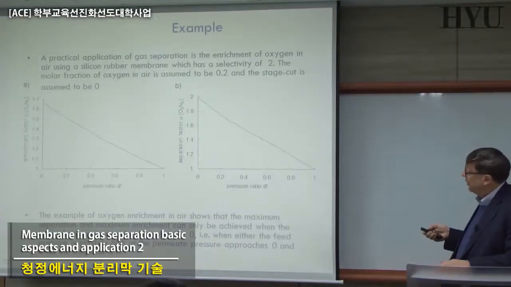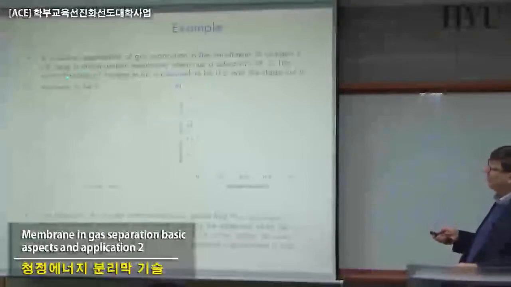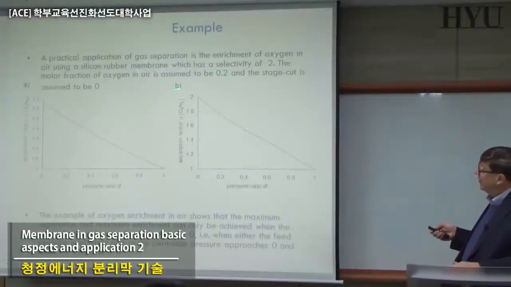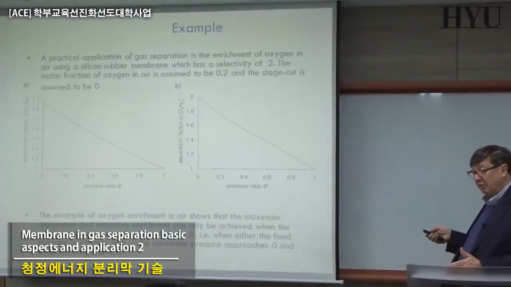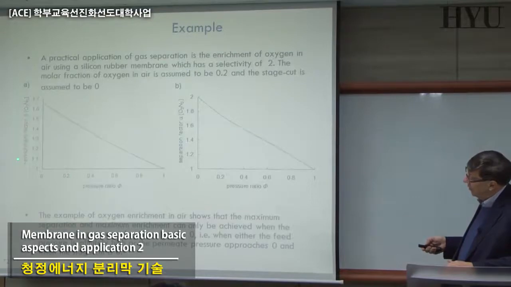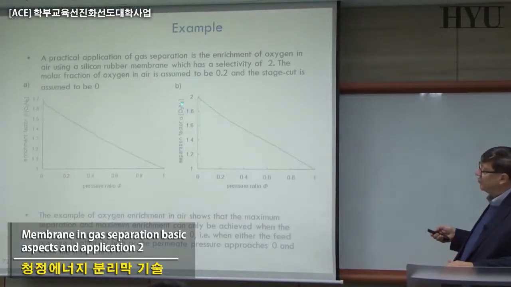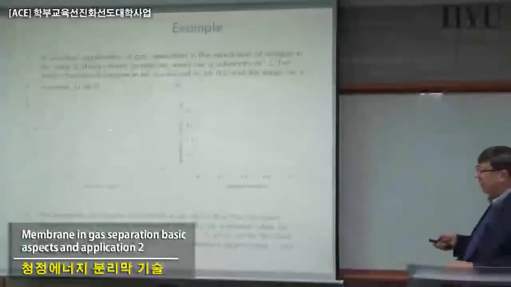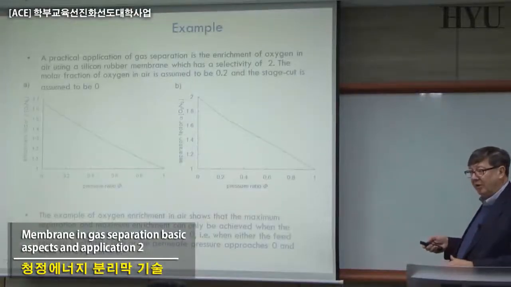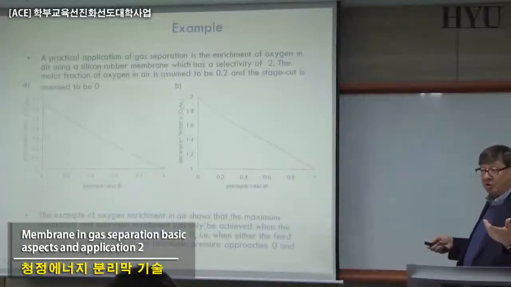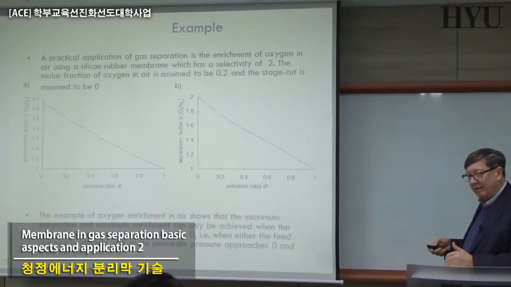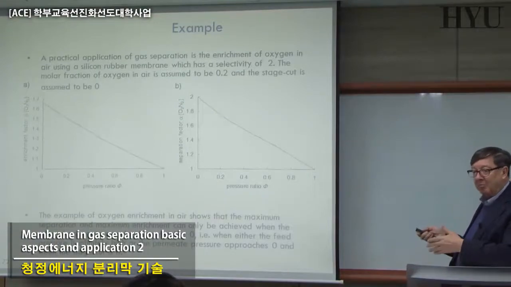With this kind of membrane, assuming that you have a molar fraction in the air of about 0.2, and assuming a very low stage cut, very low permeation, you can see here that the enrichment factor or the separation factor in both cases is very high. That means if you really want to have a very high separation, very pure oxygen, which I told you is not what can be done easily today, a cryogenic system can be competitive.